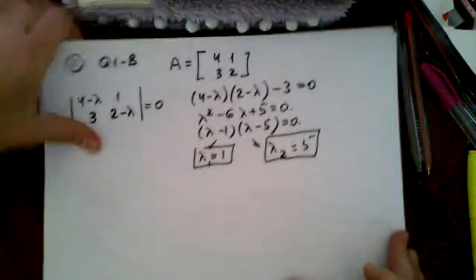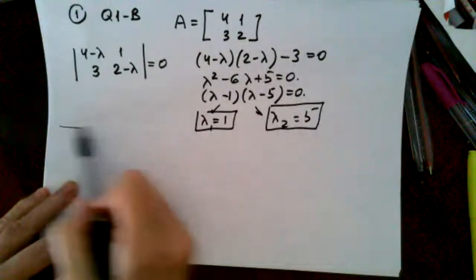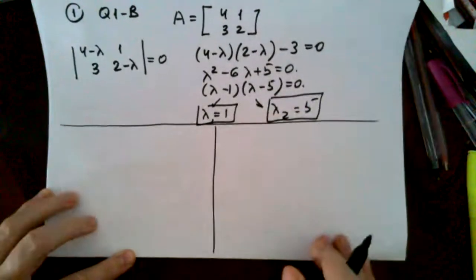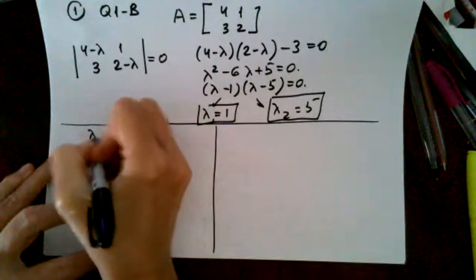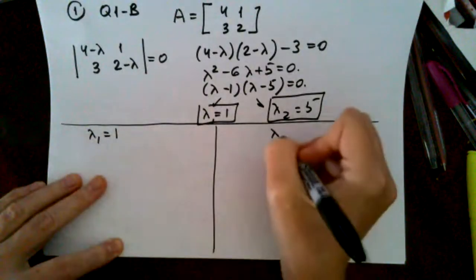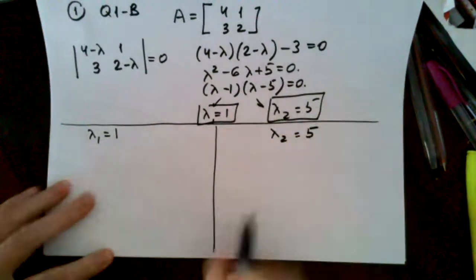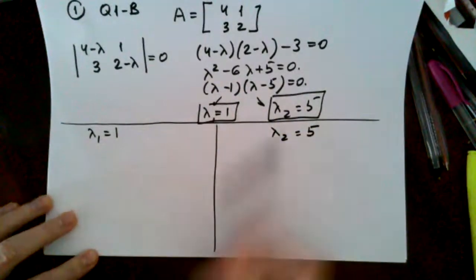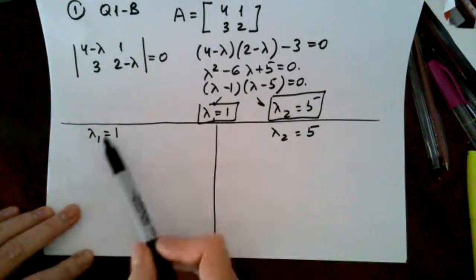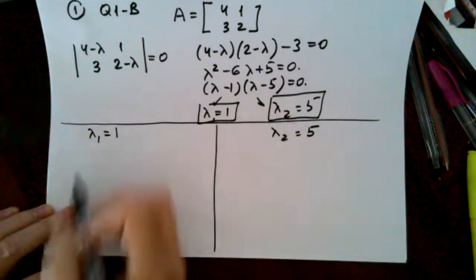But now it's time to recall how you needed to find eigenvectors. Let's divide the page into 2 columns. I'm going to deal with the first lambda here in the first column, and with lambda equal to 5 in the right column. So how did we calculate eigenvectors corresponding to each of these lambdas?